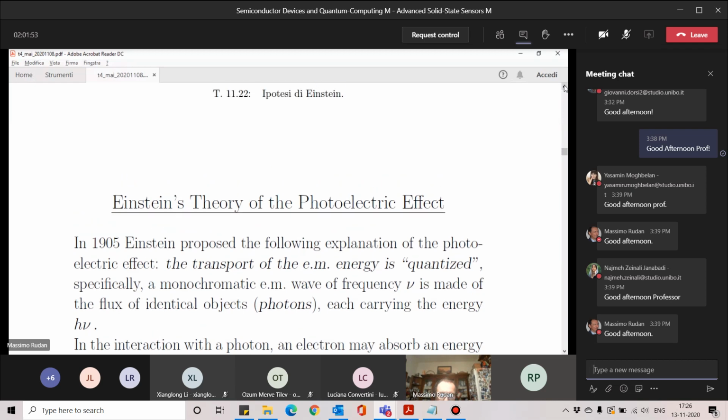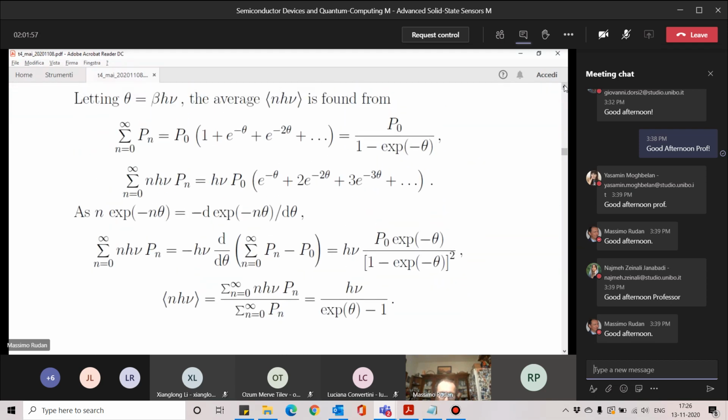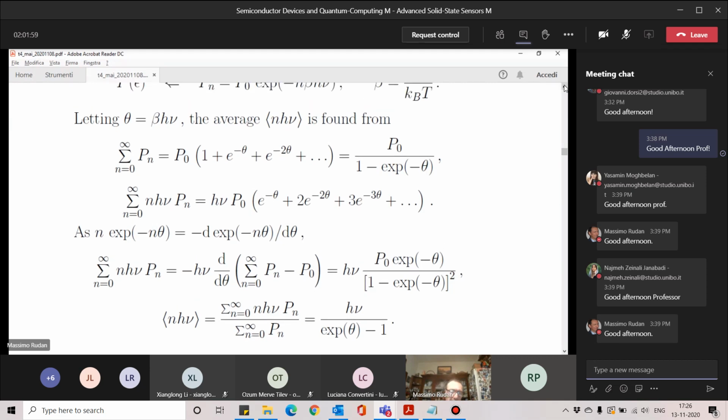Observe that historically, the solution of the black body radiation problem came before the solution of the paradoxes of the photoelectric effect. So the Planck constant was extracted from the photoelectric effect.